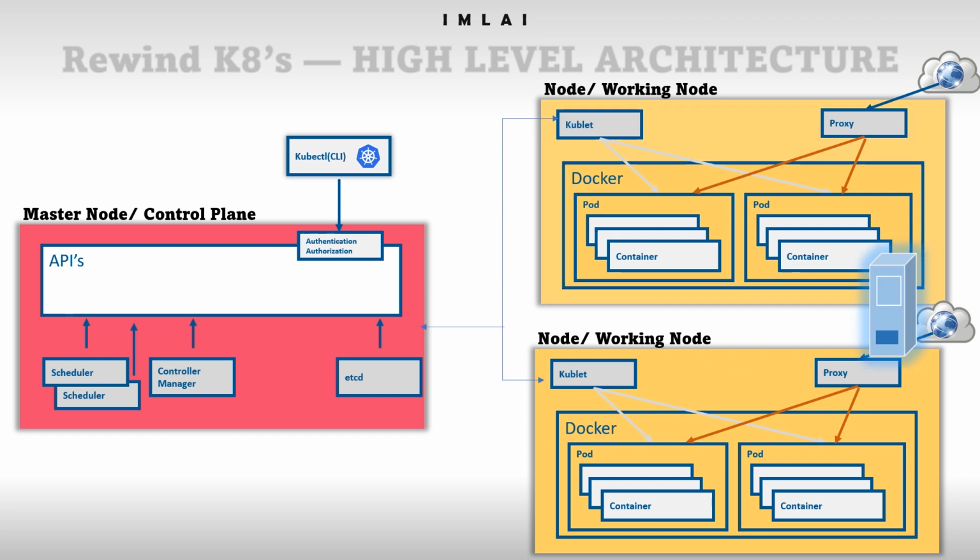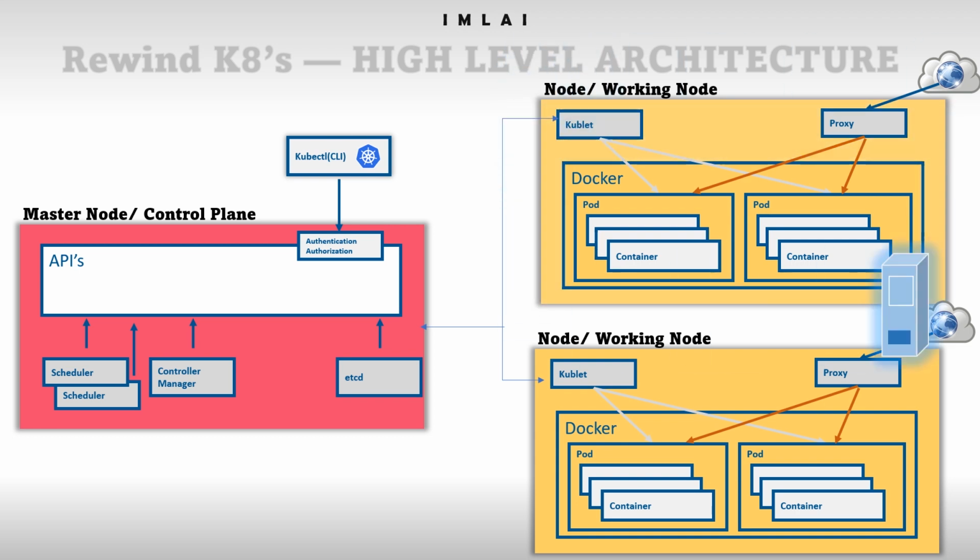So don't get confused when somebody says Kubernetes node, agent, working node, master node, or control plane. Don't imagine that this is something different. It is just a machine, a virtual machine, an EC2 instance, a physical machine or a mainframe, whatever it could be. A machine or computer is known as a node in Kubernetes terminology.